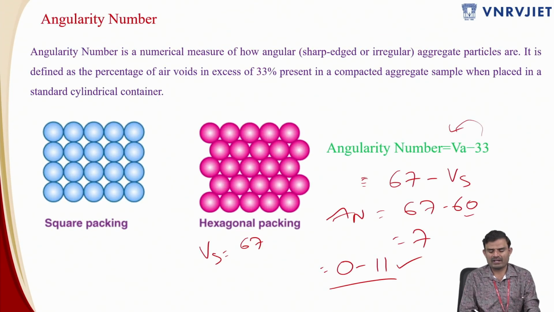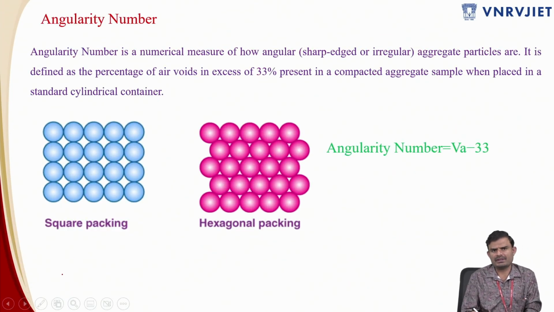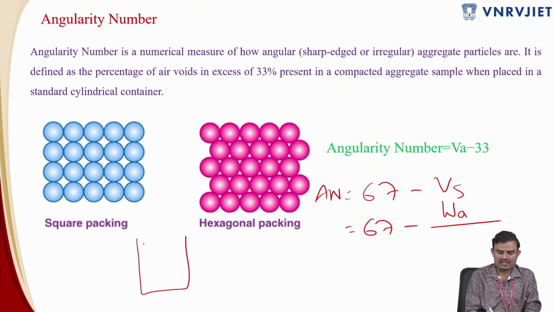You don't have a direct formula, because you cannot measure the air voids in the given cylinder provided for doing this angularity test. So we generally measure the angularity number as the solids volume in excess of 67%. There is a formula here: 67 minus, where this is the weight of the aggregates. There will be a cylinder like this.